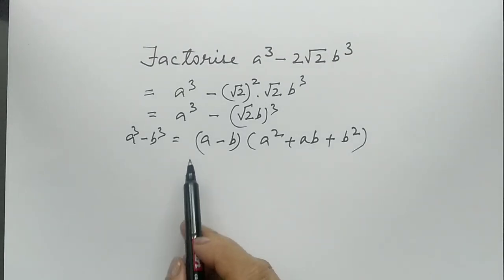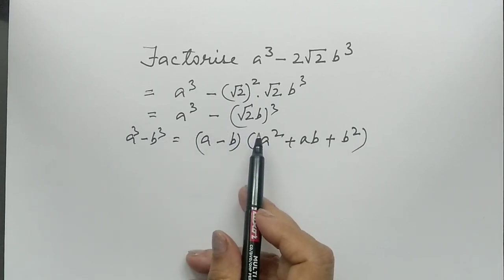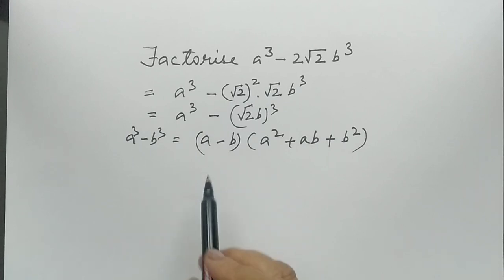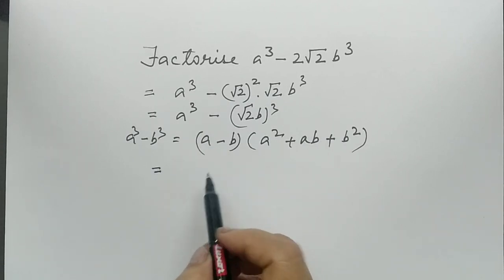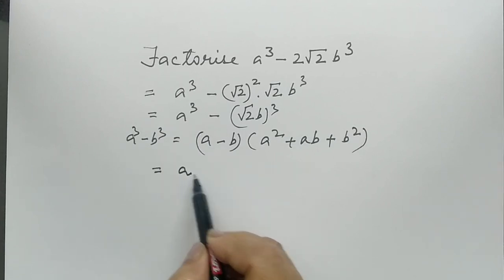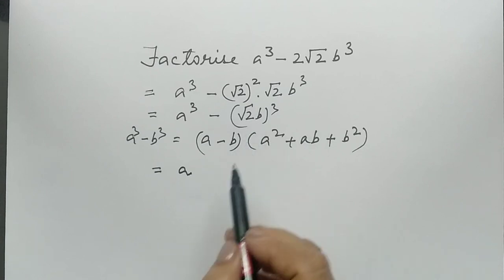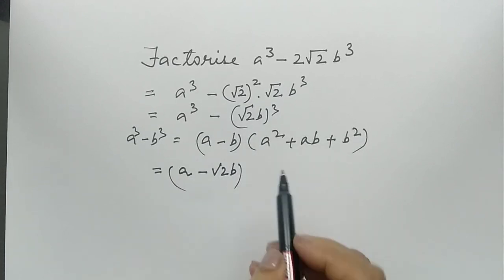Hence we lay out these two cubes, the difference of these two cubes, in this manner. So our next step would be, what is my a? My a is a here. What is my b here? It is root 2b, got it?